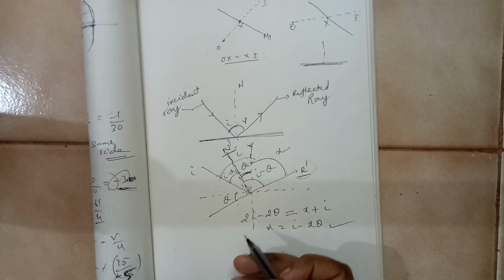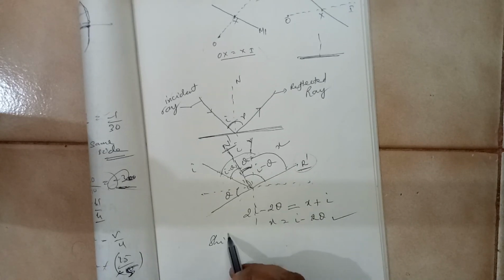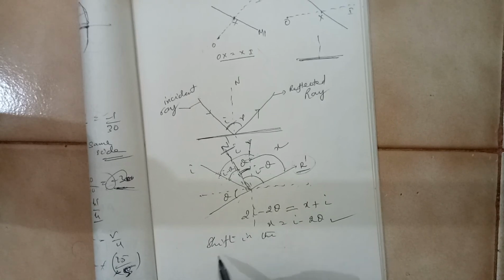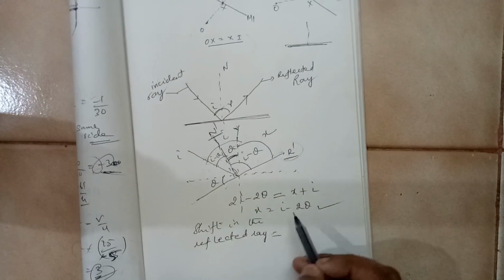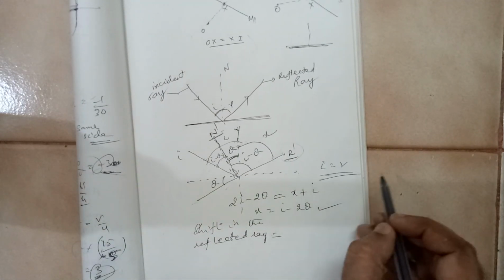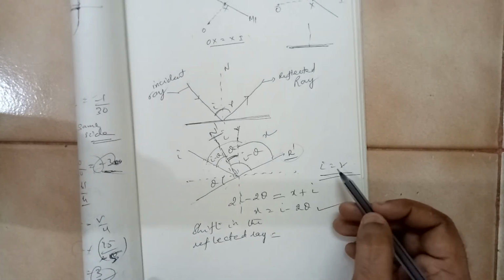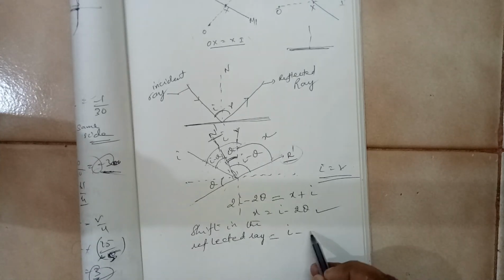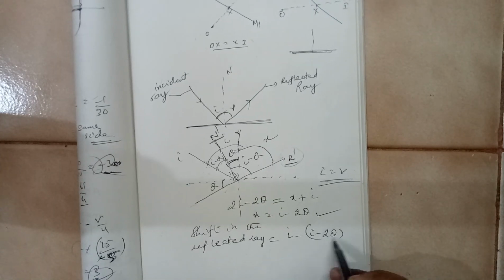If you want to find the shift in the reflected ray, initially I is equal to r, which means r also is I degrees. So this was the initial situation. Now it is I minus 2 theta.